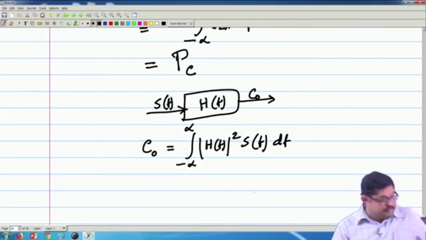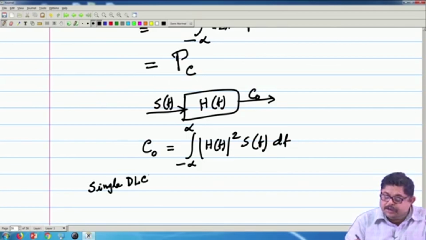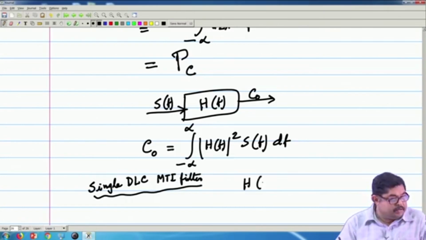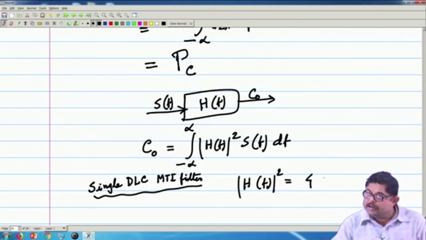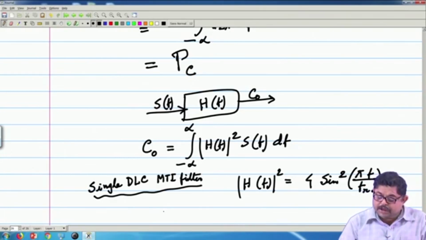Now, H(f) we will have to take some value. If you have a single DLC MTI filter, then I know what will be H(f). |H(f)| square we have already derived, 4 sine square pi f by fr. So, we will put that.